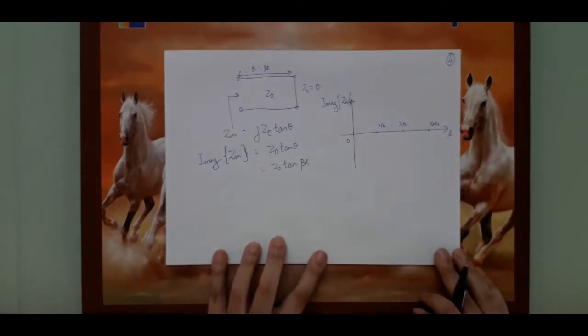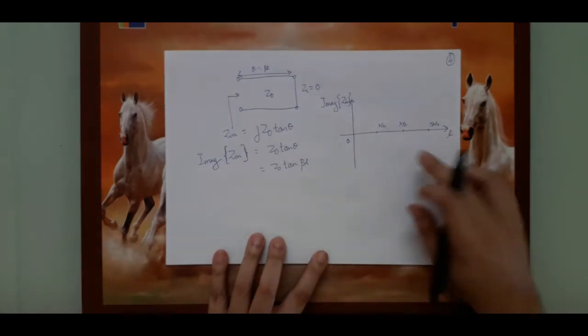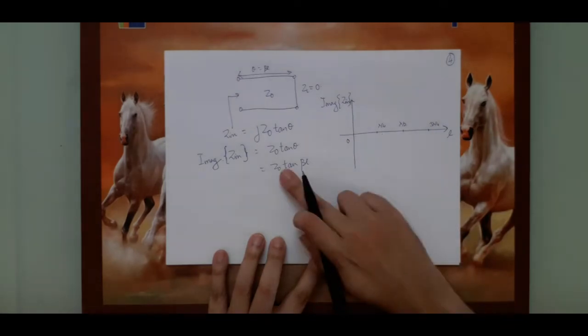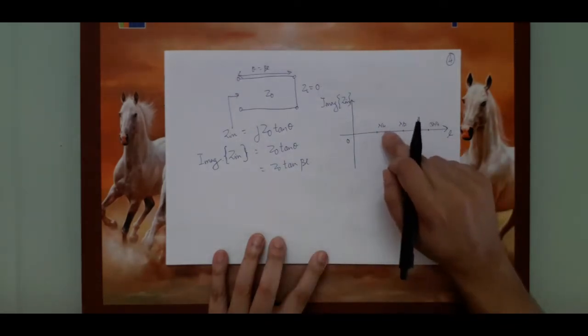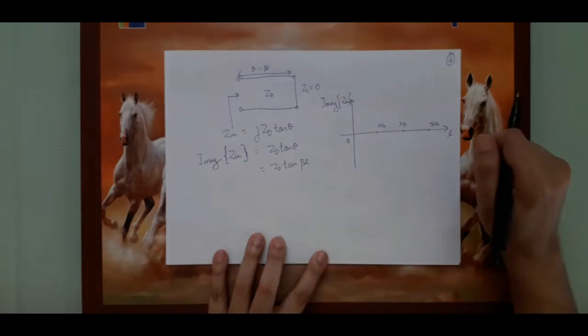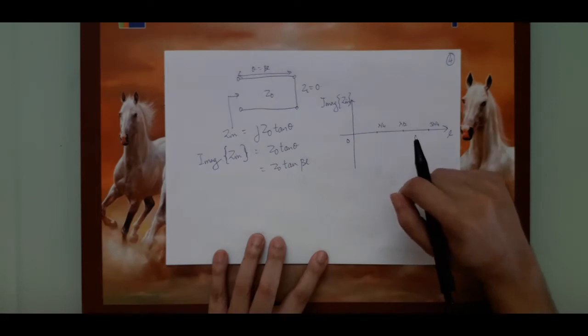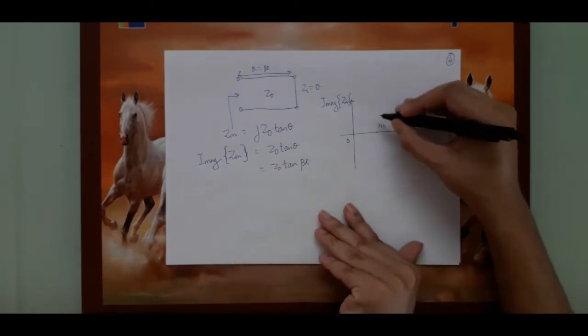So this should not be very difficult for you. It is nothing but sketching a trigonometric function, the tan function. So when L is 0, this quantity will be 0. What about lambda by 4? When L becomes lambda by 4, theta becomes pi by 2. So therefore at this point, the tan function will tend to infinity and become a discontinuous function.